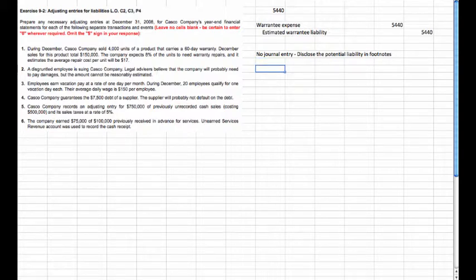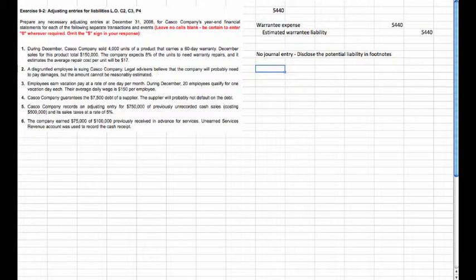Employees earn vacation pay at a rate of 1 day per month. During December, 20 employees qualify for 1 vacation day each. Their average daily wage is $150 per employee. So what we need to do here is recognize that we have an obligation to pay our employees vacation pay when they exercise their option to go on vacation.